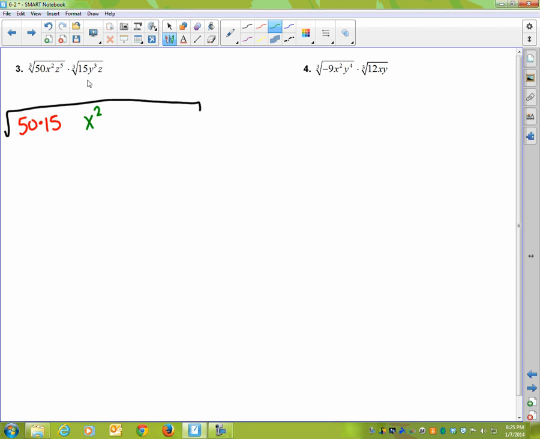X squared, there's no other x's. I've got y cubed, and there's no other y's. And then I have z to the 5th, and 1 more. If you have 5 z's and 1 extra, together, that makes it z to the 6th.